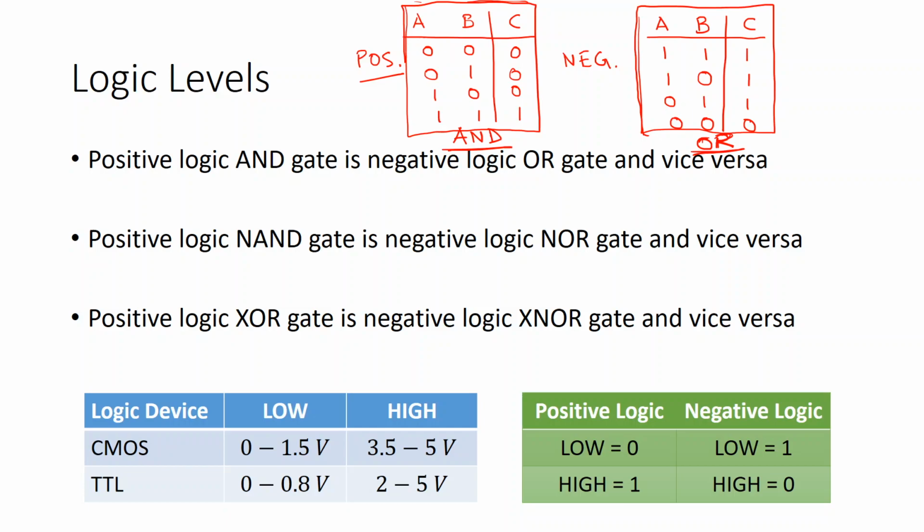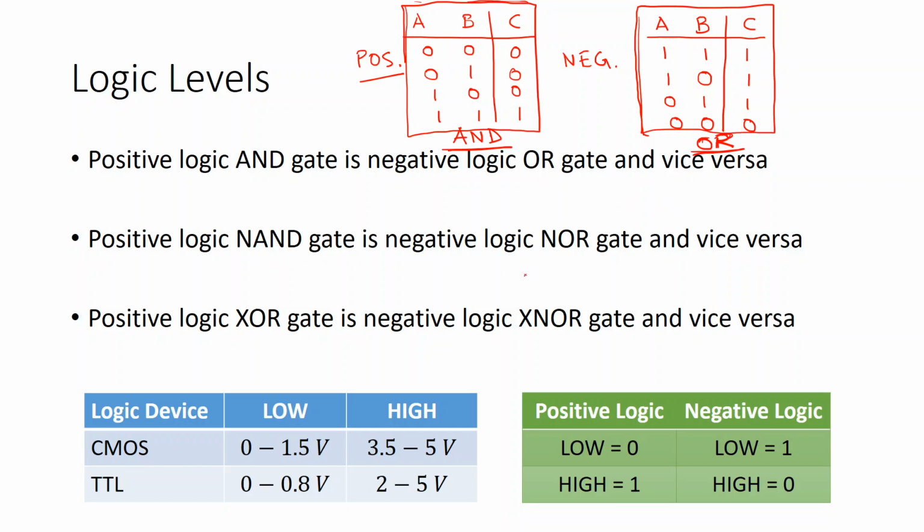So the change happens in your interpretation, and the change happens in this way: what was the AND logic gate in the positive logic system becomes the OR logic gate in the negative logic system. Similarly, if you draw truth tables for OR in the positive logic and change the logic system to negative logic, you will see an AND gate truth table coming up.